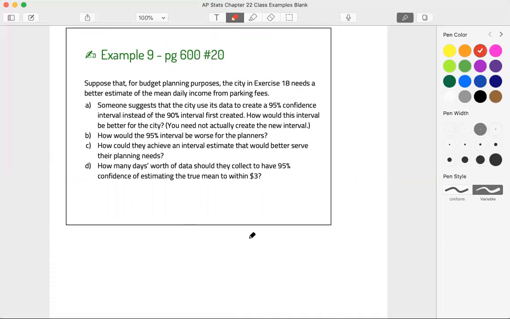All right, so in part A, what would a 95% confidence interval do? The 95% confidence interval would be wider, which means we would be more confident that we contained the true mean.